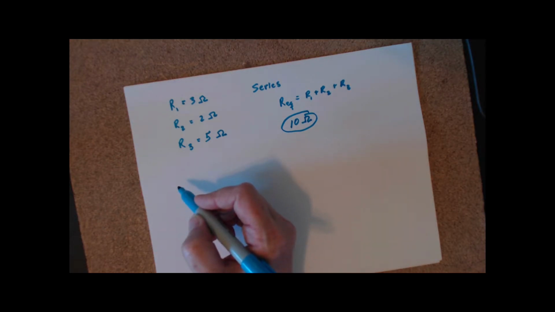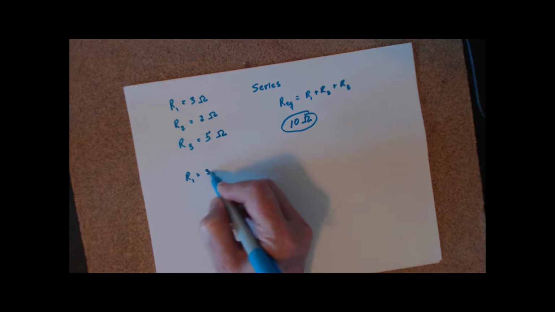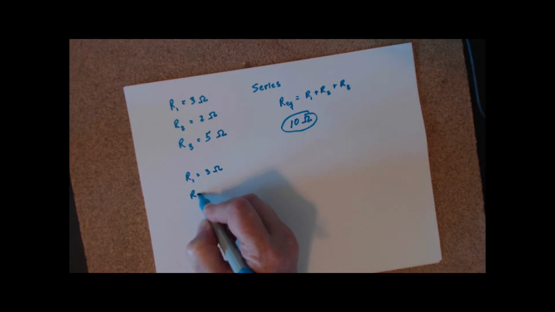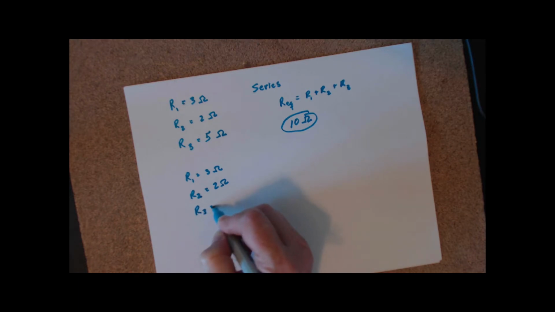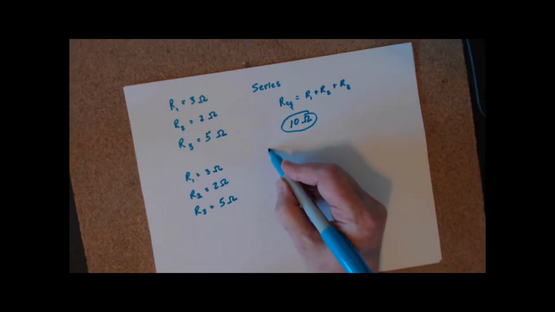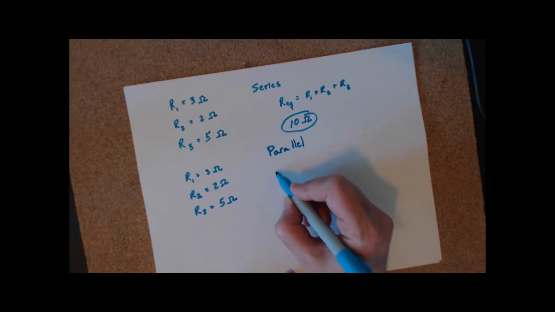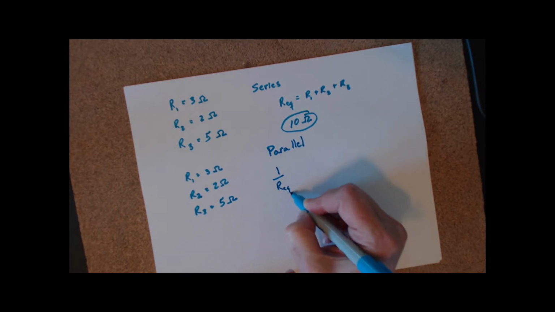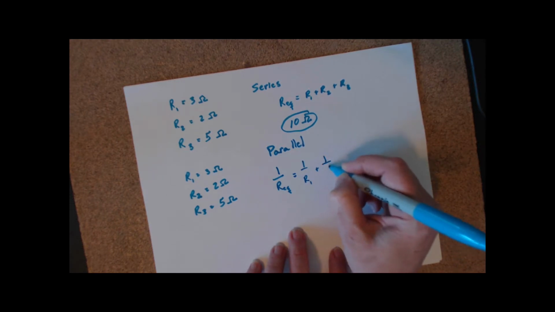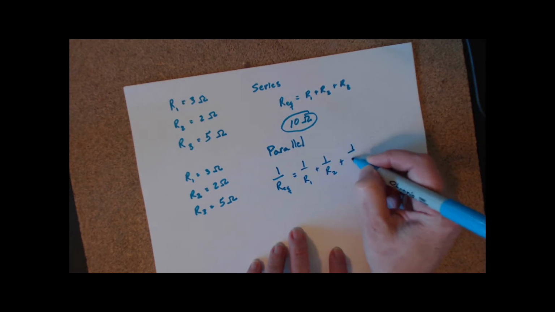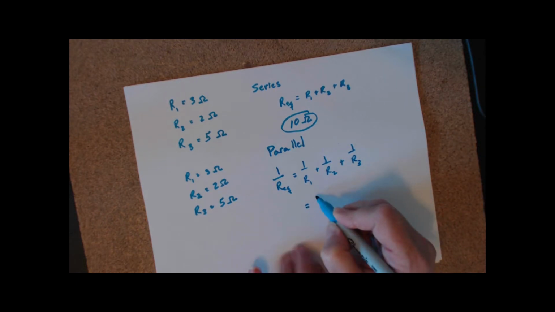Now let's look at those same resistors, but this time they're connected in parallel. To find the equivalent resistance for resistors connected in parallel, we use the inverse sum of all those resistors. So we do 1 over the equivalent resistance is equal to 1 over R1 plus 1 over R2 plus 1 over R3, etc. When you put these in the calculator, you don't need to worry about putting them in as fractions.